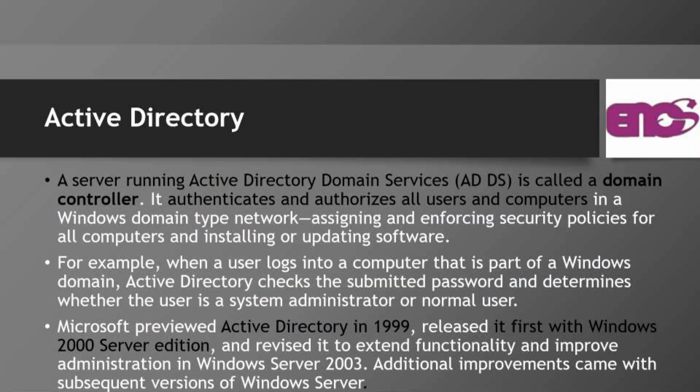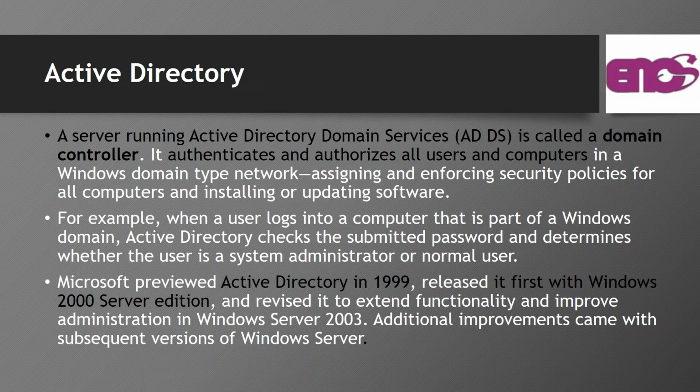A server running Active Directory Domain Services is called the domain controller. So there's a controller. An example of Active Directory is like in airports. You know, you have the control tower. The control tower controls all the aircraft in that airport. So before an aircraft takes off, before an aircraft lands, they must consult with the control tower.